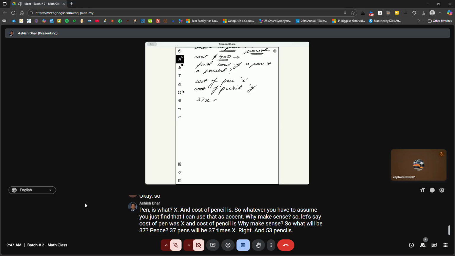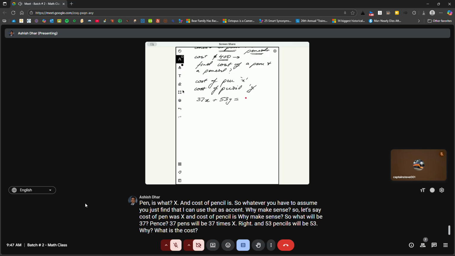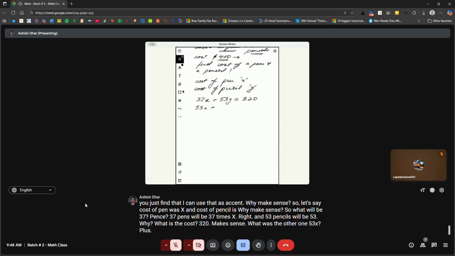And 53 pencils will be 53y. The cost is 320. What was the other one? 53x plus 37y will cost 400. Is that right?